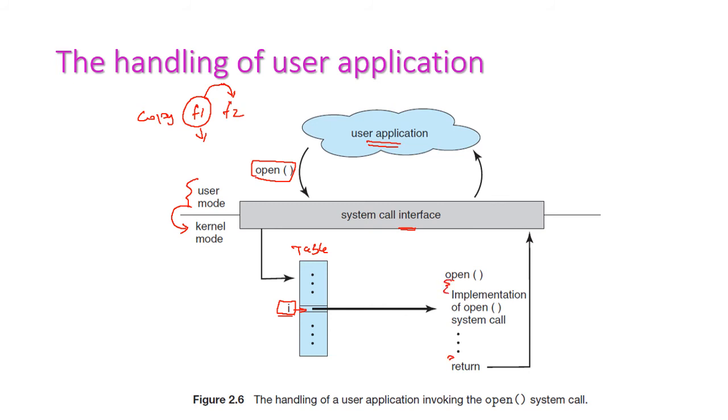This particular function is stored in this place. Once the open function is executed, the corresponding value will be returned back to the system call interface, and after that to the user application.